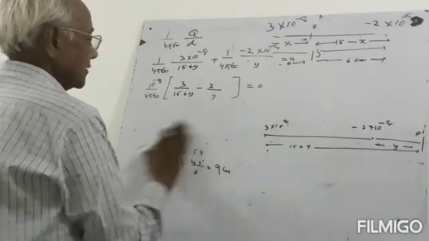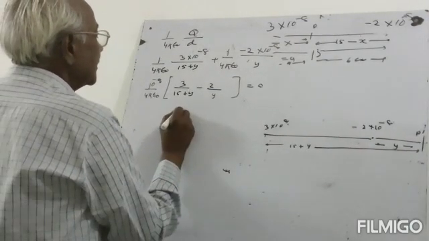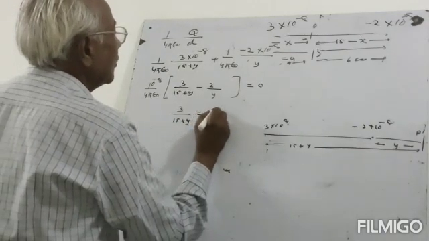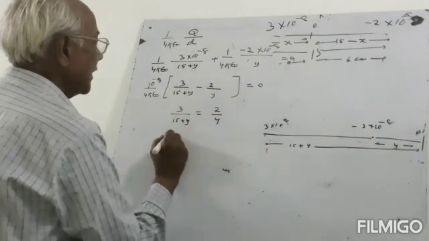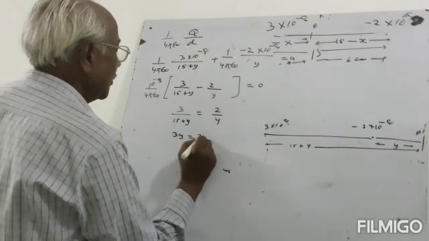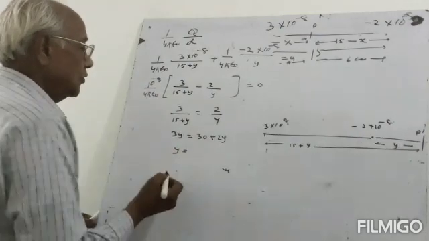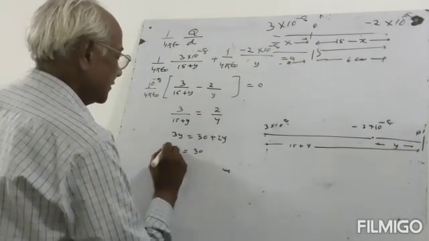So 3/(15 + y) will be equal to 2/y. Cross multiply: 3y is equal to 30 + 2y, and y is equal to 30.